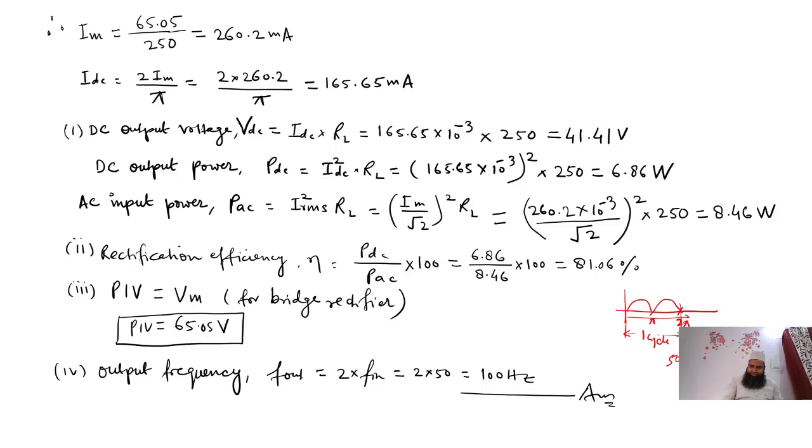Hertz is cycle per second. So initially we have 50 cycles per second, so we have one complete cycle at 50 hertz, and we have two half cycles. So that's why f out equal to 2 into f in, 2 into 50 equal to 100 hertz.